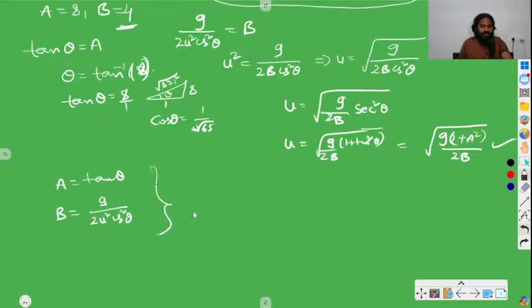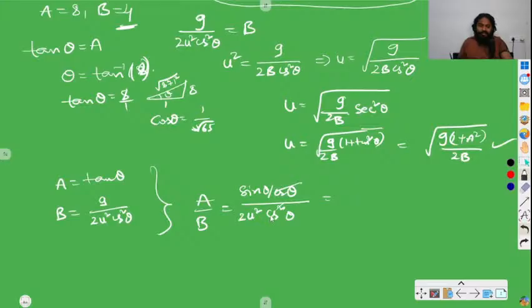So now here if you do a by b, what happens? Tan theta you can write as sin theta by cos theta, and then divide by g by 2u square cos square theta.